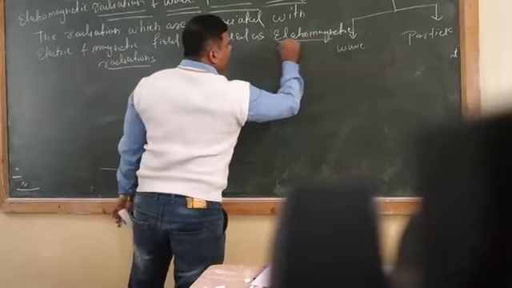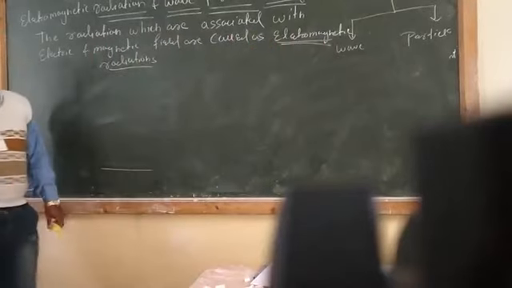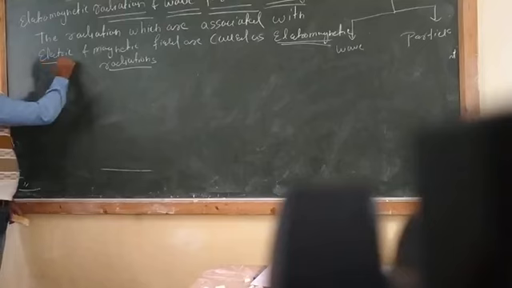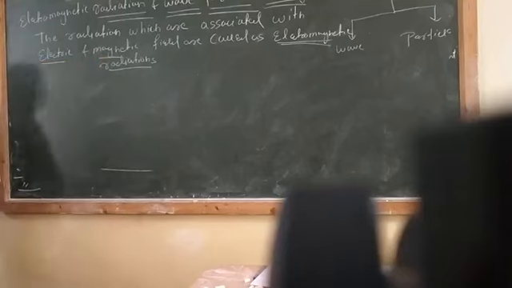Right? So what is electromagnetic radiation? Electromagnetic radiations are those which are associated with the electric and magnetic field, are called as the electromagnetic radiations.